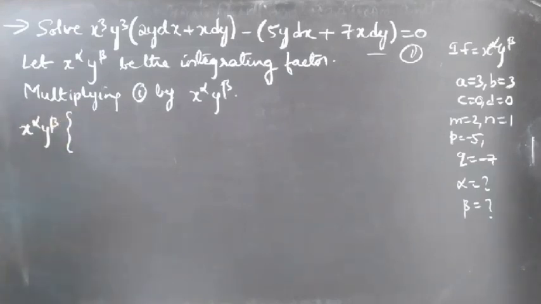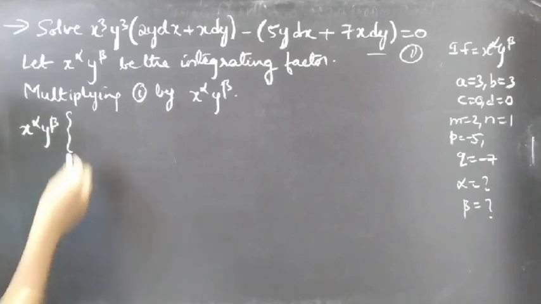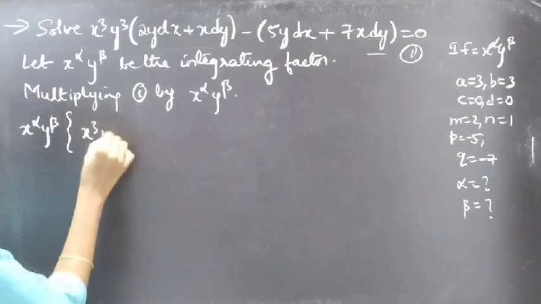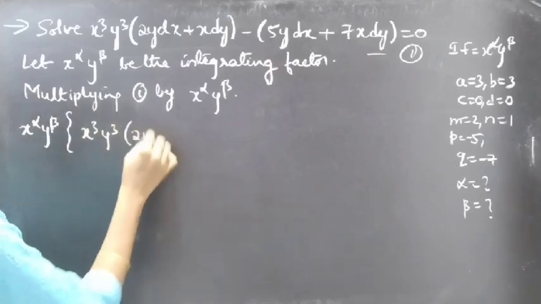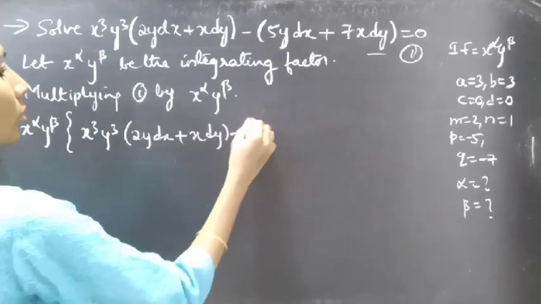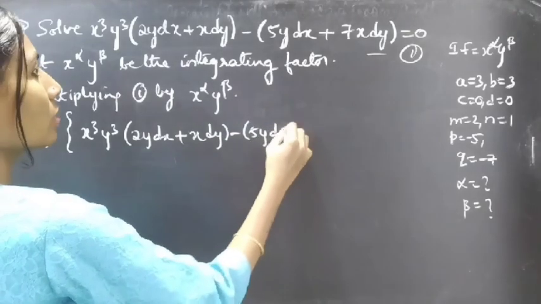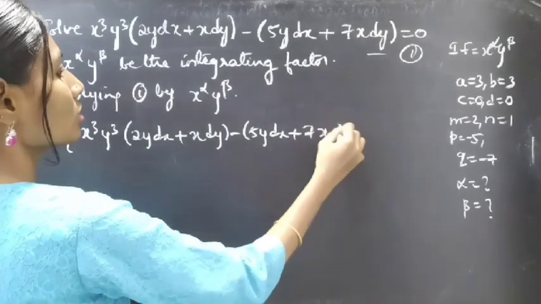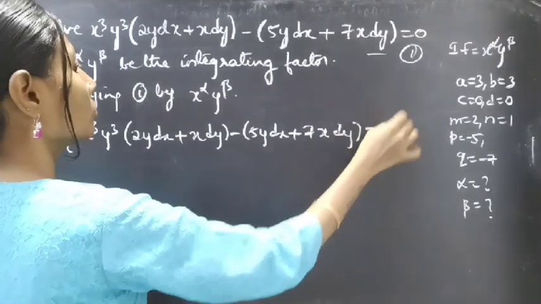We all know that the non-exact equation can be reduced to an exact equation by multiplying it with an integrating factor, right? Fine. So here the equation is x cube y cube into 2y dx plus x dy minus 5y dx plus 7x dy equal to 0.